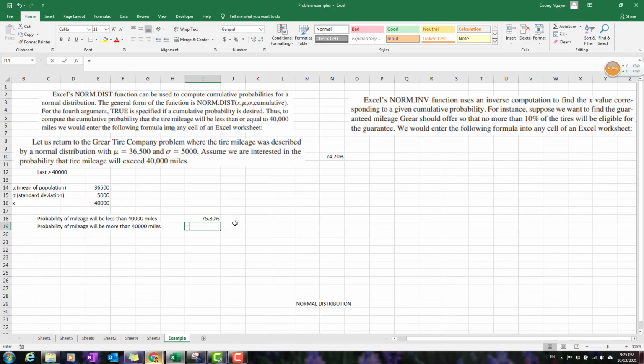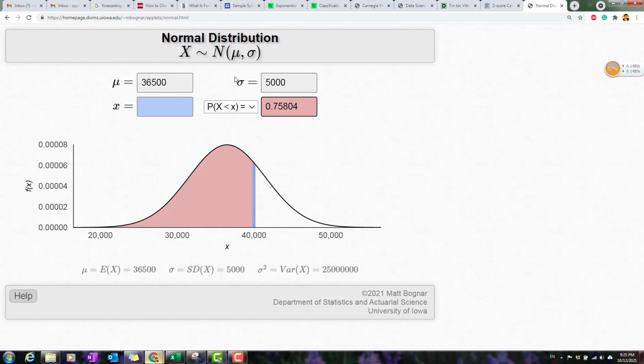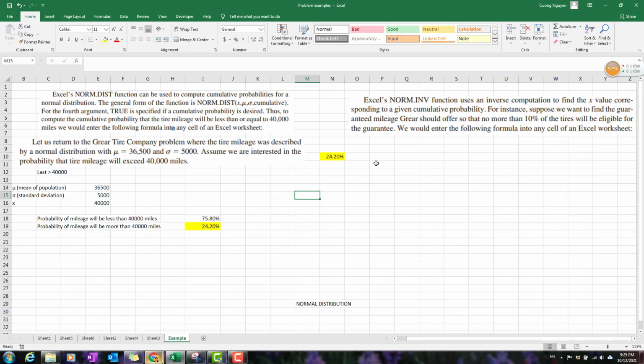So very simple, just take 100% and then minus the probability that the mileage will be less than 40,000. Oh, I made it something wrong. Okay, yeah, 24.20%. They are exactly the same, and that will be the reason and the method for you to just do the calculation both on the online tool and also on the Excel.